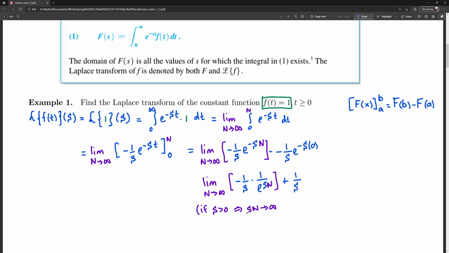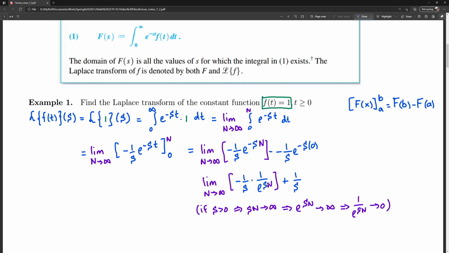And that means that e to the power sn goes to infinity, and that means that 1 over e to the power sn goes to 0.